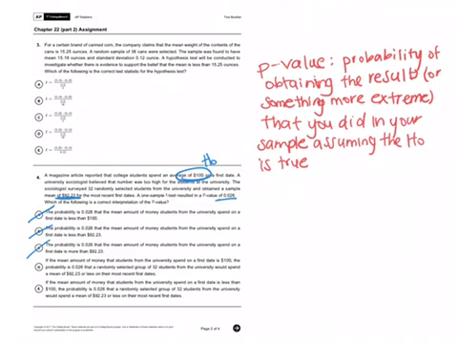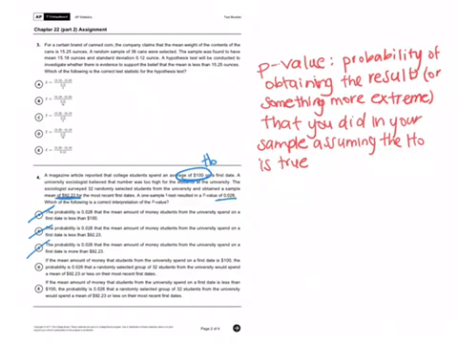So on D, it says, if the mean amount of money that students from the university spend on a first date is $100, so there's that statement of like assuming that the null is true, the probability is 0.026 that a randomly selected group of 32 students from the university would spend a mean of $92.23 or less on their most recent first dates.